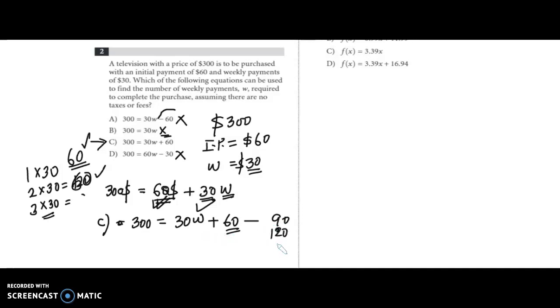Third week again 30, so 150. And likewise you will keep on paying, and it will continue till you get 300. So we are not required to find how many weeks, it is just asking you for the correct equation. So this is going to be the right answer. I hope it is clear to you. So the answer C is the correct option.